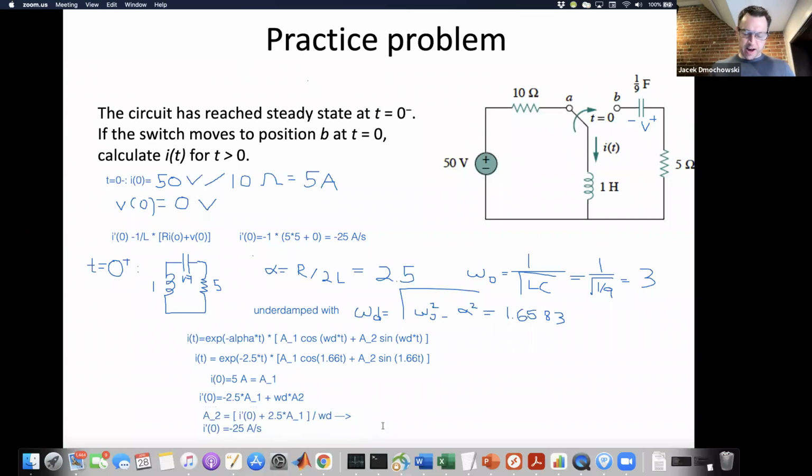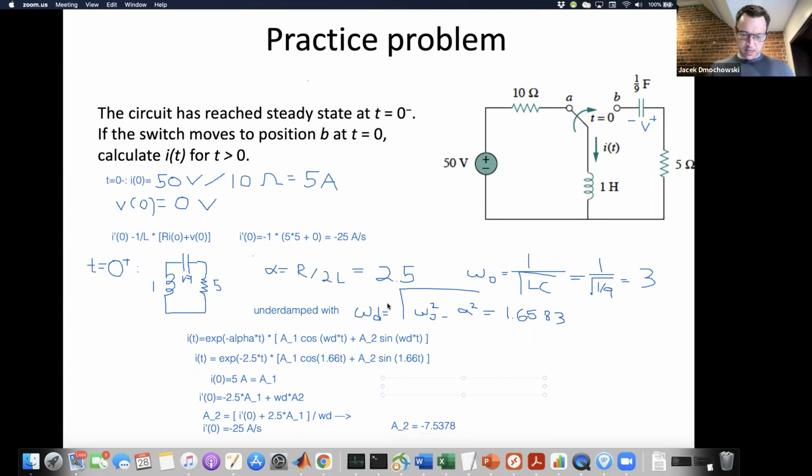And finally, when you plug in negative 25 for I prime 0, and you plug in 5 for A1, you get negative 25 plus 2.5 times 5. So I think negative 12.5 divided by 1.6583 gives you about negative 7.5378.